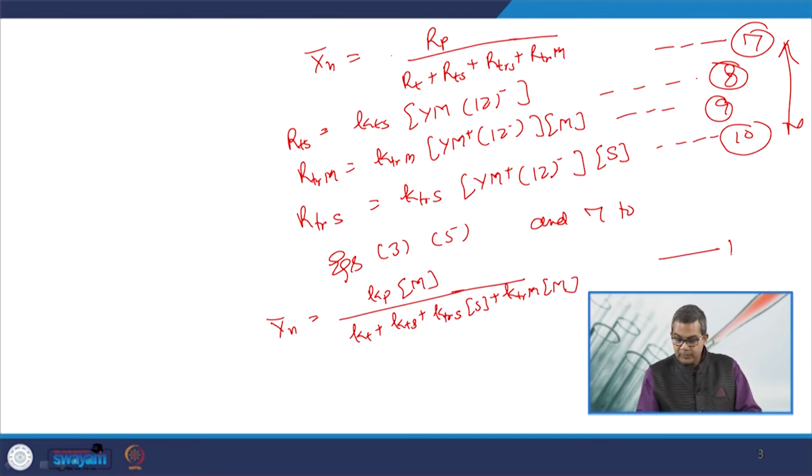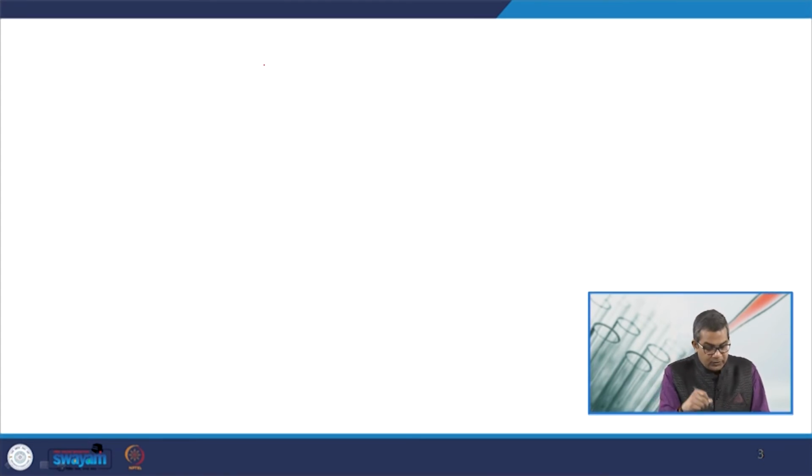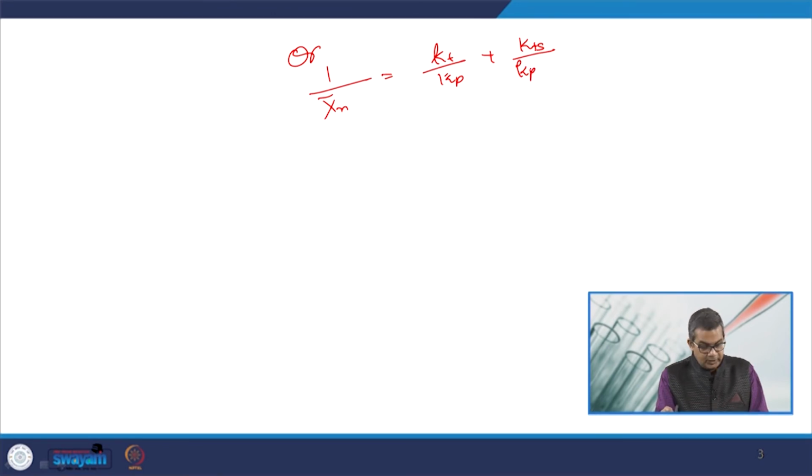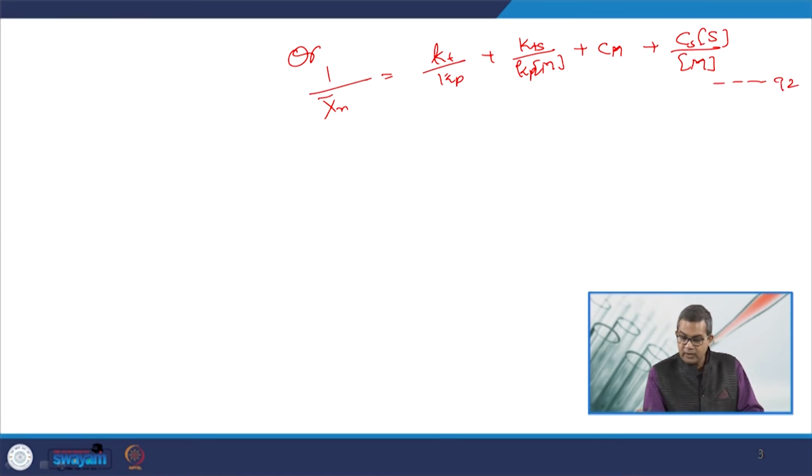Now this may be represented as equation number 11, or sometimes with some rearrangement it can be given as 1 upon bar xn is equal to Kt upon Kp plus Kts upon Kp plus Cm plus Cs S upon M. This is equation number 12.